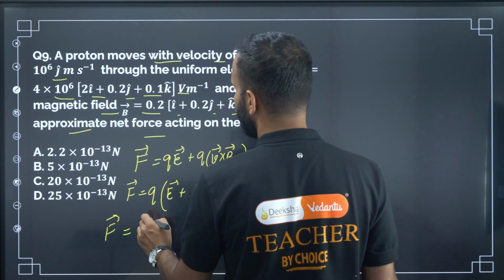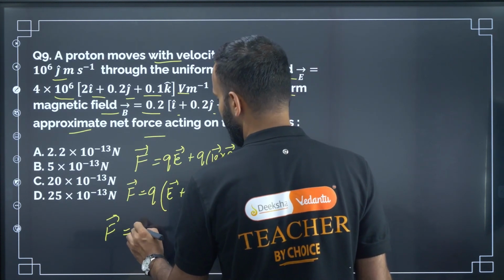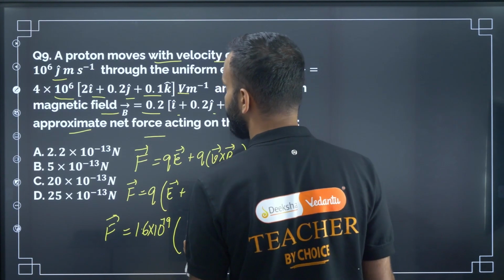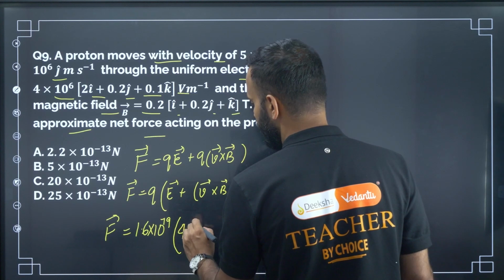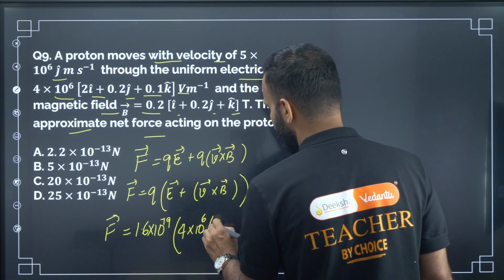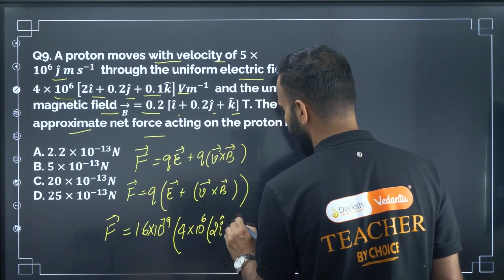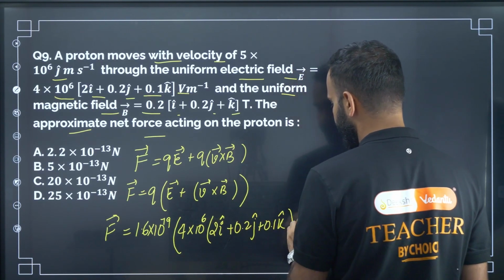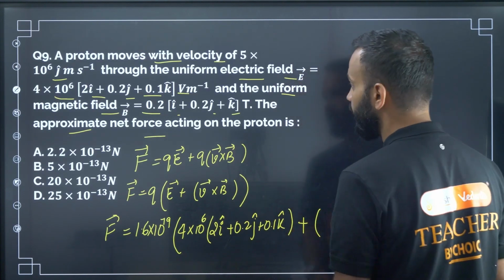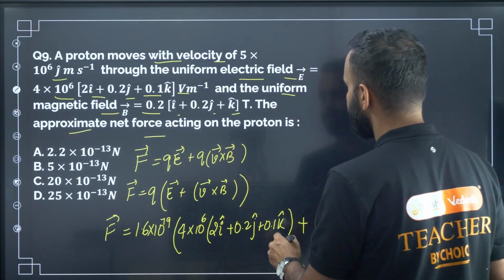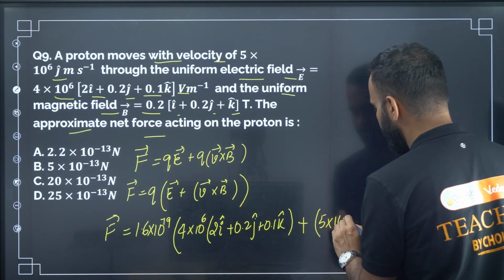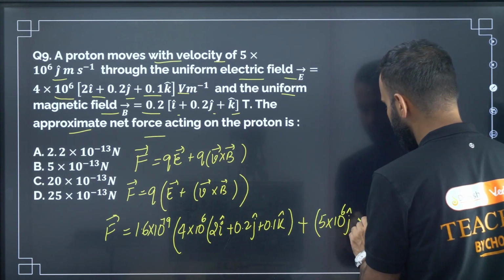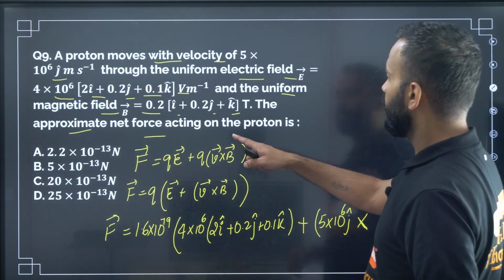So F vector is equal to Q, here 1.6 into 10 to the power minus 19, into E vector, which is 4 into 10 to the power 6 into 2 i cap plus 0.2 j cap plus 0.1 k cap, plus V cross B. V cross B is here 5 into 10 to the power 6 j cap cross B vector.